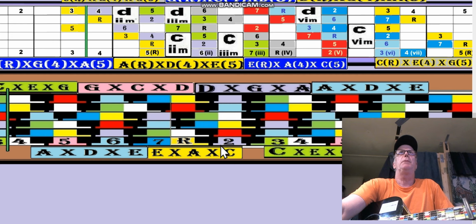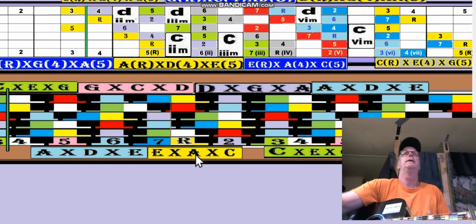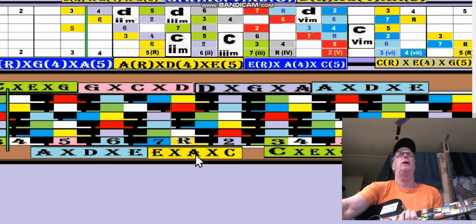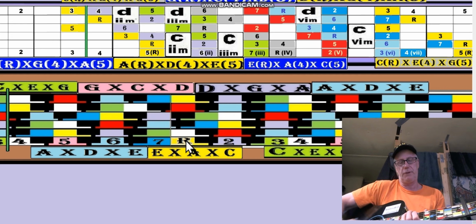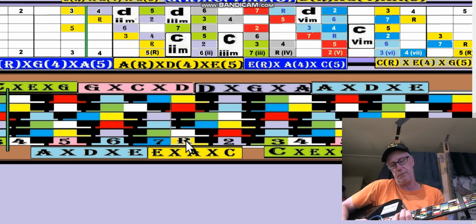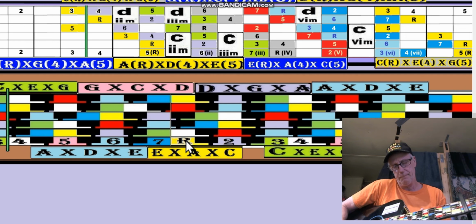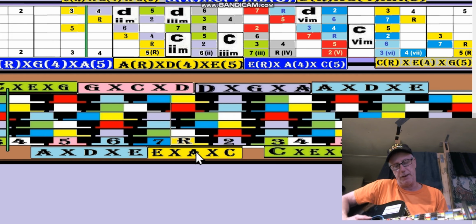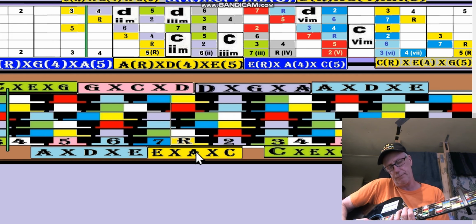So here's the E box. It's a superimposition, if you want to call it, or just cross overlaid. So you've got the E pentatonic starting on the root. And then you go to the A pentatonic starting on that same C root.